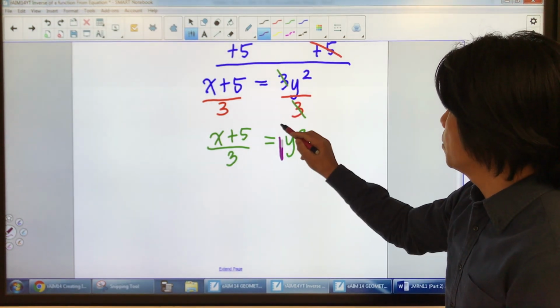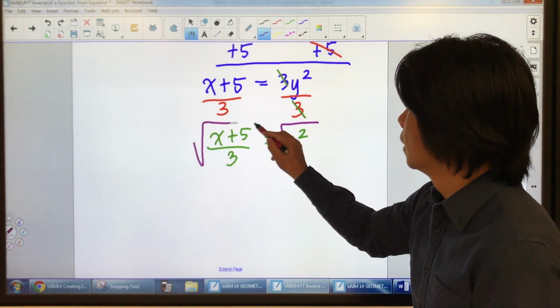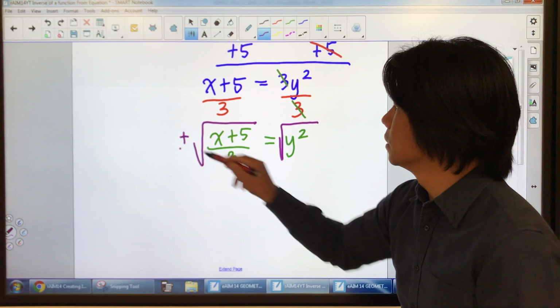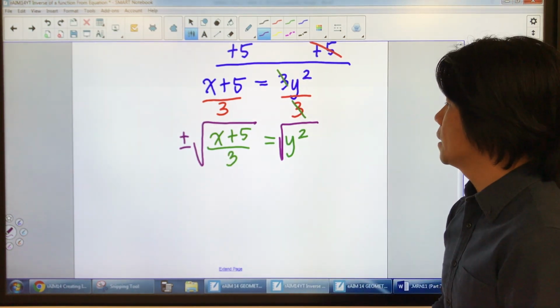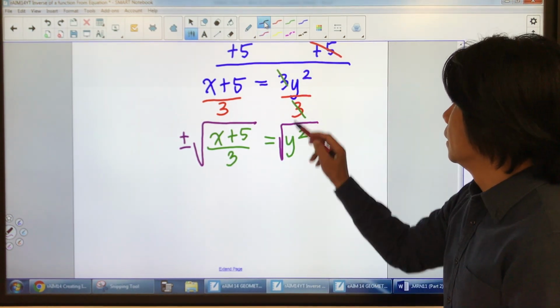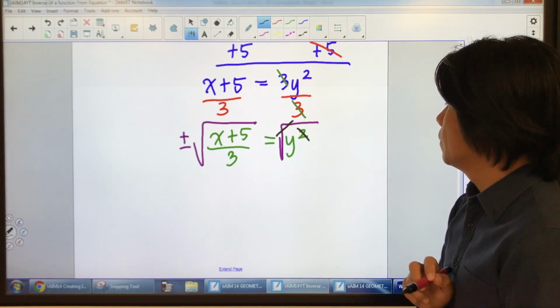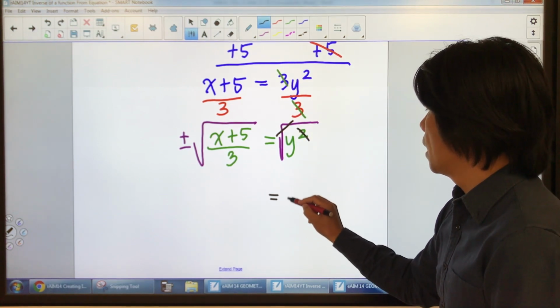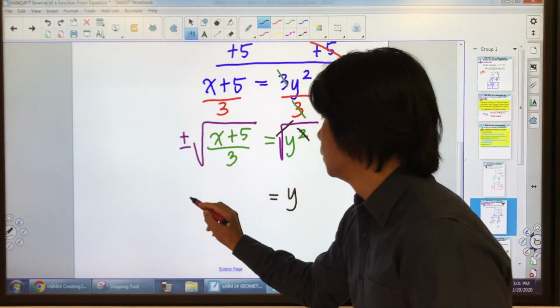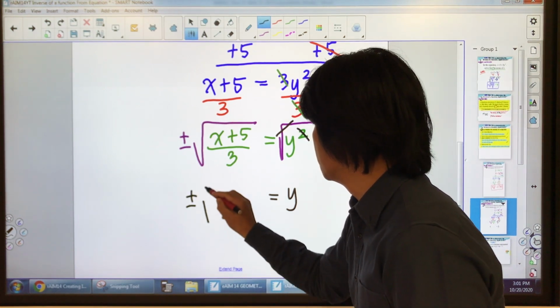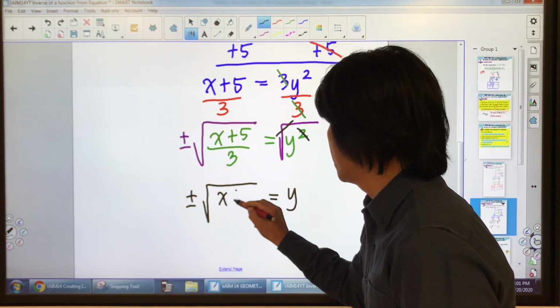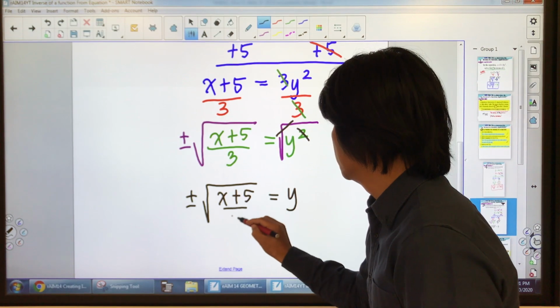Now we get the square root of both sides. Remember, if we get the square root of both sides, we take the plus and the minus. And these are inverses of each other. So y is by itself. We copy this, plus and minus, the square root of x plus 5 over 3.